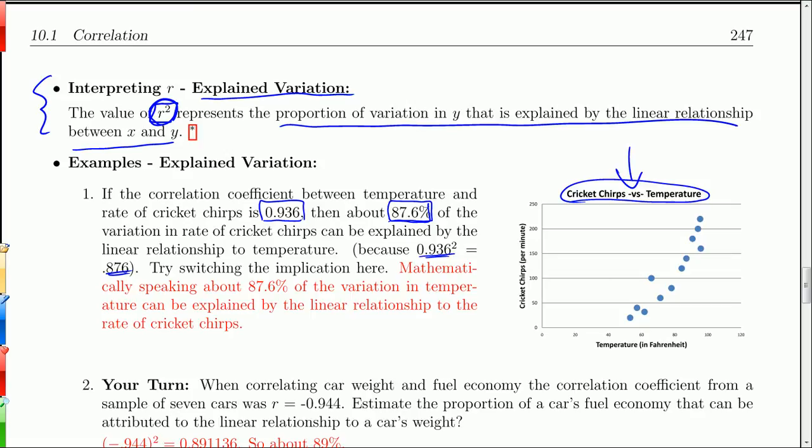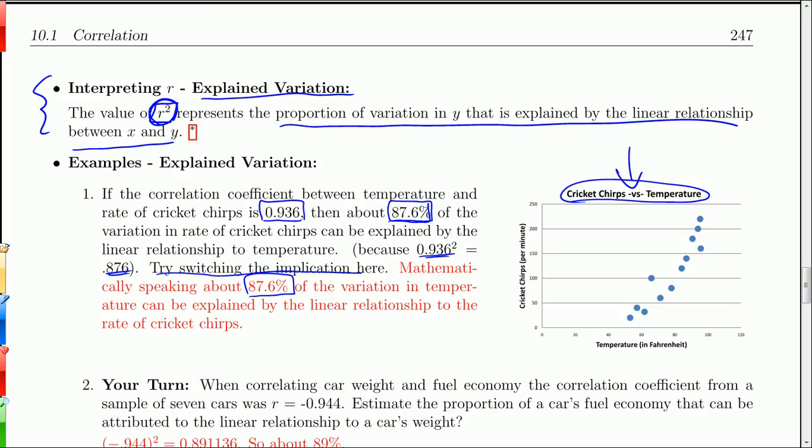For example, you can actually switch the implication here, and you can say a perfectly valid mathematical statement, about 87.6% of the variation in temperature can be explained by the linear relationship to the rate of cricket chirps. So it sounds like I'm saying that the change in temperature is caused by a change in cricket chirps, but that's not quite what I'm saying.